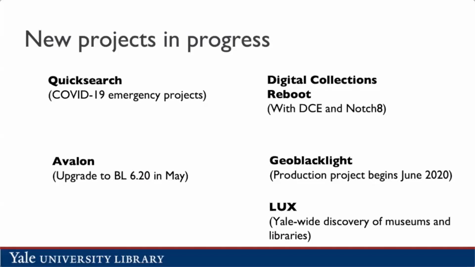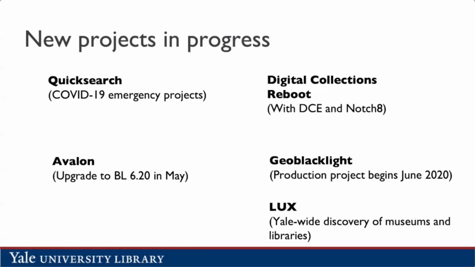And then finally, at the university level, we are involved with the implementation of a new Lux discovery interface that's going to search across all of the museums, galleries, and libraries at Yale. So that's another exciting and very interesting project that we're looking forward to.